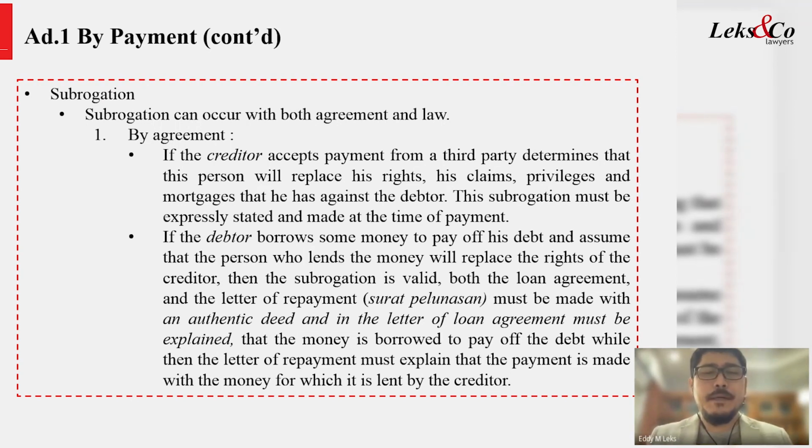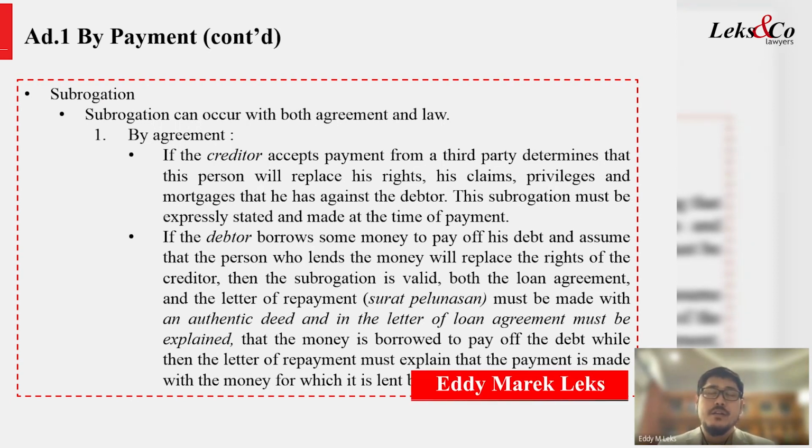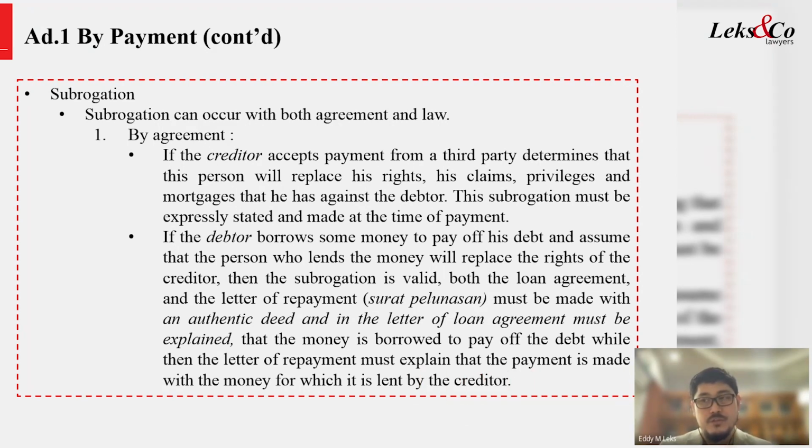So creditor replaces creditor can also happen actually in many property projects, for example, where the property is constructed and the certificate is not subdivided yet. So the bank can provide financing to the customers, but the bank cannot hold any mortgage because the certificate is not issued and subdivided yet.